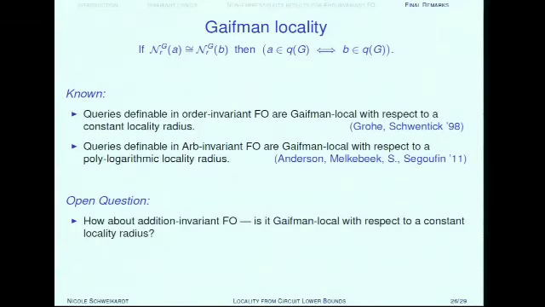So we know that it's Gaifman local with respect to polylogarithmic radius, but is it with respect to constant radius? What lower bounds do we know for parity for first-order logic? That would be the starting point. I don't know specific lower bounds except for the ones that we have. There is this paper by Lynch who showed that FO with addition cannot count beyond a constant.